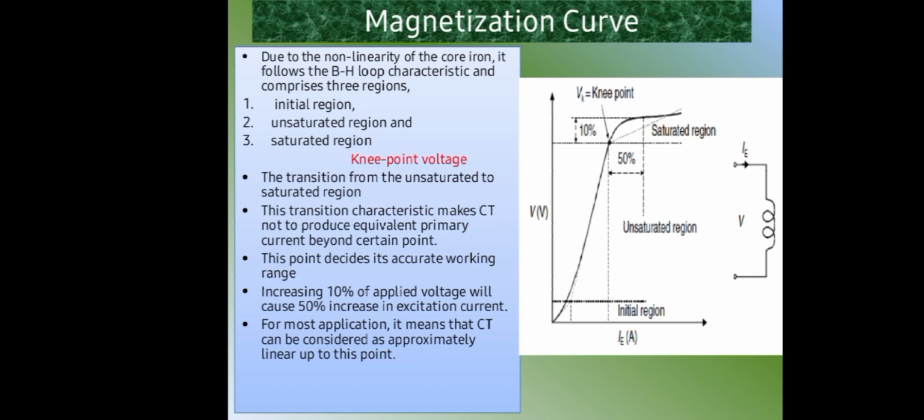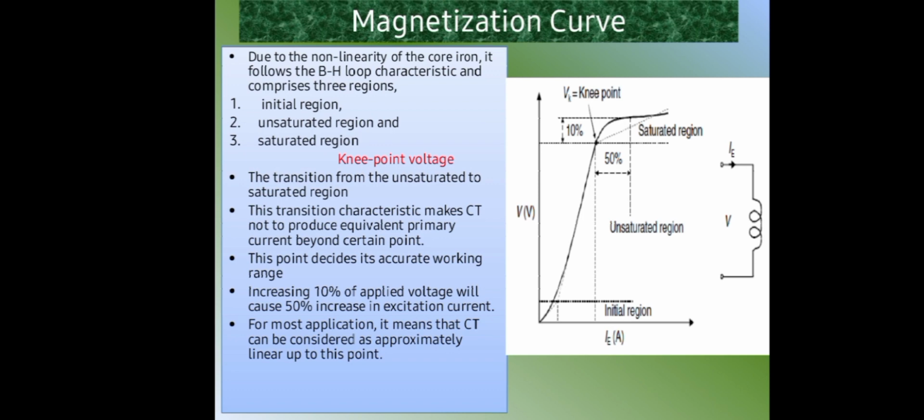The best method to determine CT performance is the magnetization curve. In this graph, it shows the amount of magnetizing current required to generate an open circuit voltage at the terminal of the unit. Due to the nonlinearity of the iron core, it follows the BH loop characteristic curve. Let's see the knee point voltage here.